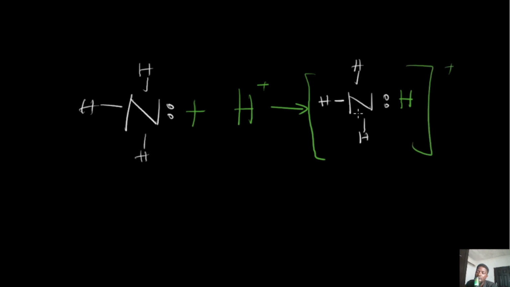So you notice that hydrogen begins to share this pair of electrons, and why we are referring to this as a dative bond is because both of them are sharing it. However, it is only one of the combining substances that brought the shared pair. So anytime a Lewis base donates while the Lewis acid accepts, the compound that is formed must have a dative bond.